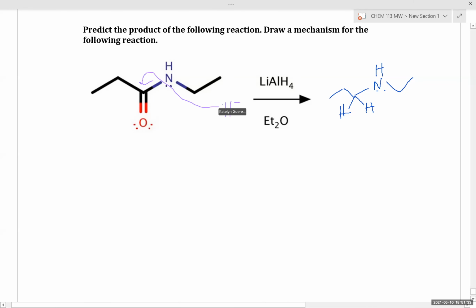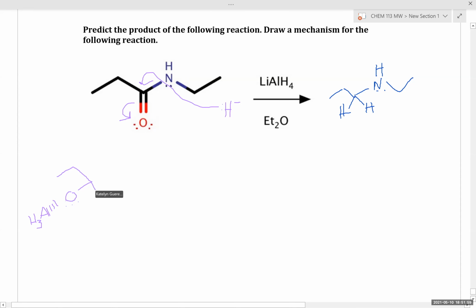So we have a carbonyl functionality and a hydride reducing agent. So the first step is our hydride equivalent will attack the electrophilic carbonyl carbon. The carbonyl oxygen lone pair will coordinate to aluminum.